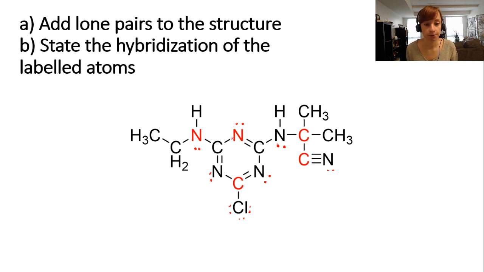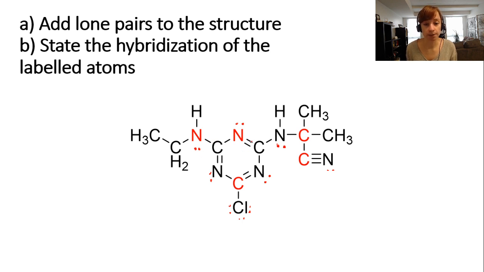If you want to double check to make sure that you have put in the right number of lone pairs, every atom should have 8 electrons, so a complete octet. Remembering that one bond is 2 electrons, in this case with this nitrogen, it has 1, 2, 3 bonds, so that's 6 electrons, plus the lone pair, so that gives it 8.